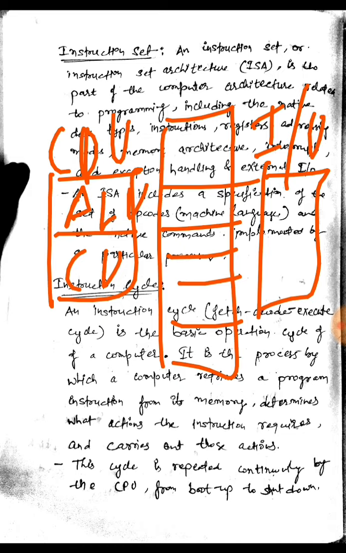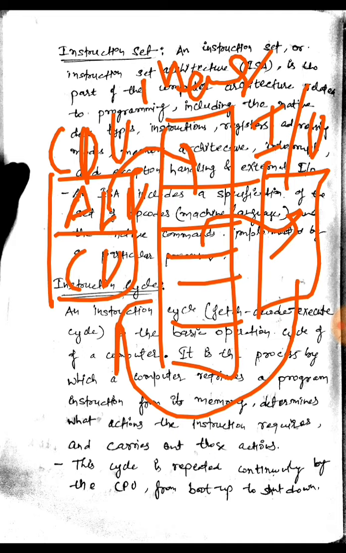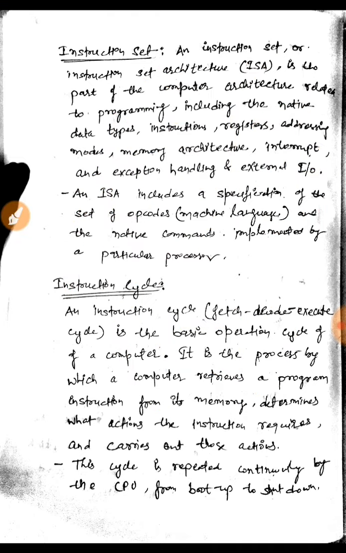The communication goes between the CPU, then the memory, and then memory to input output devices, and similarly vice versa. So the instruction set would define how the communication is taking place, or where we are fetching our data from, and what kind of operation we are performing on our data.